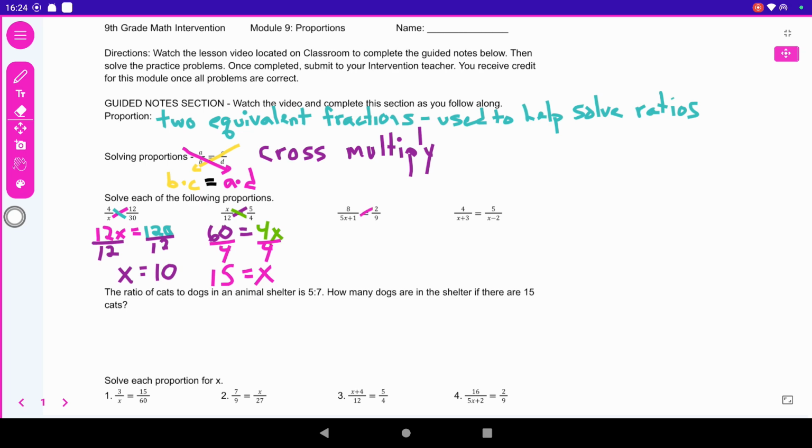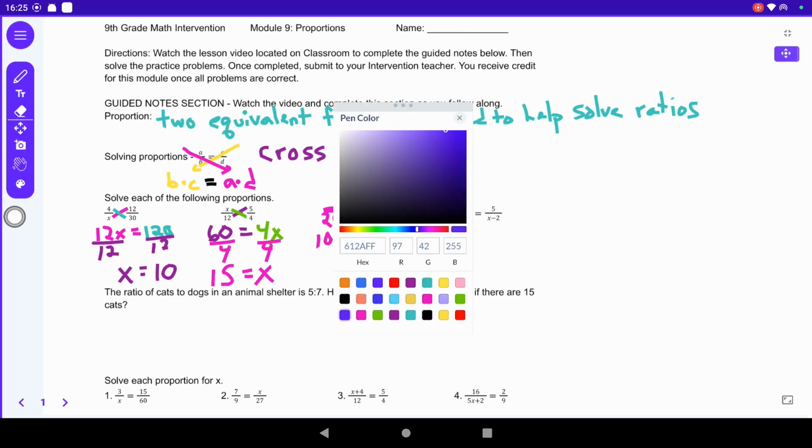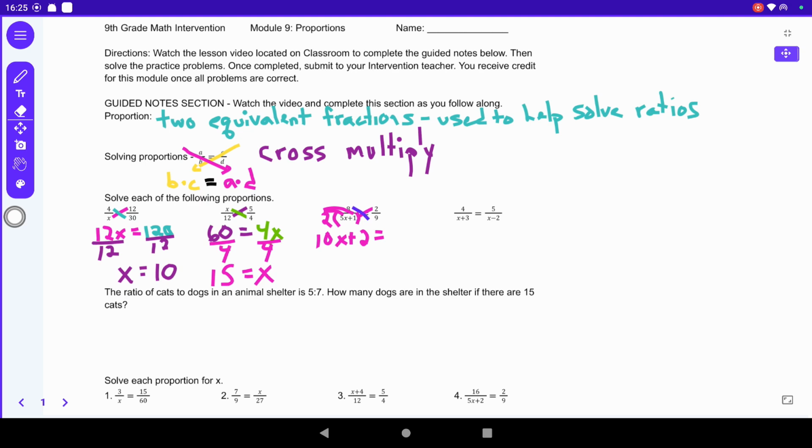Alright, on the next one. When we go to multiply here, 5x plus 1 is really inside parentheses. So we're going to go 2 times 5x plus 1 and distribute and get 10x plus 2. And then on the other way, we're going to multiply 8 and 9 to get 72.